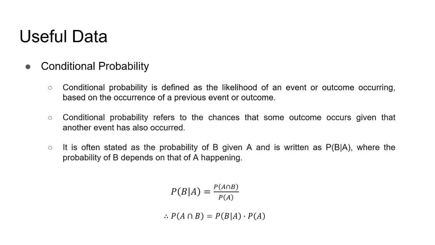Conditional probability is defined as the likelihood of an event or outcome occurring based on the occurrence of a previous event or outcome. Conditional probability refers to the chances that some outcome occurs given that another event has also occurred.